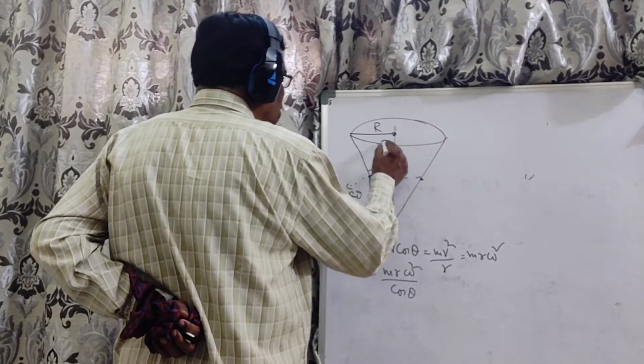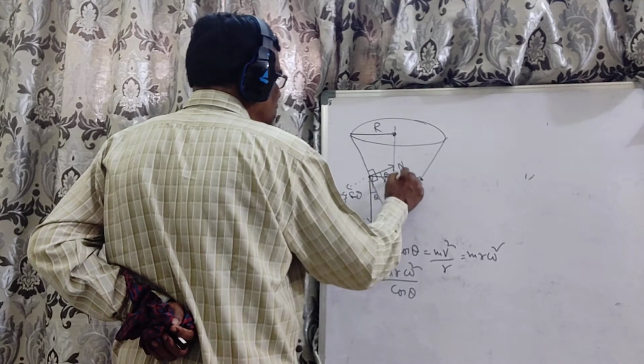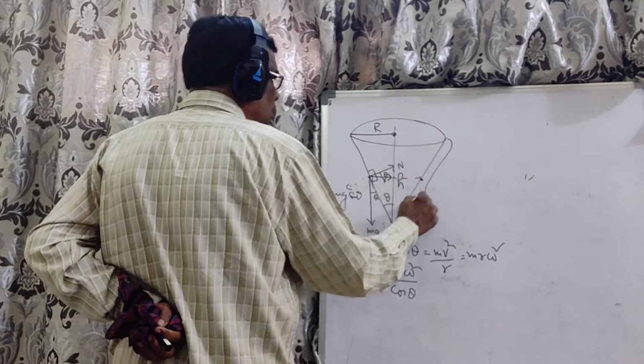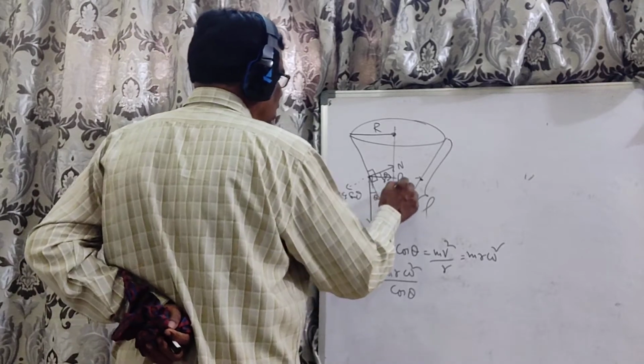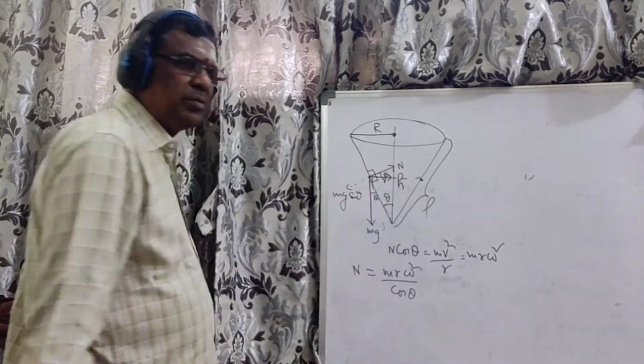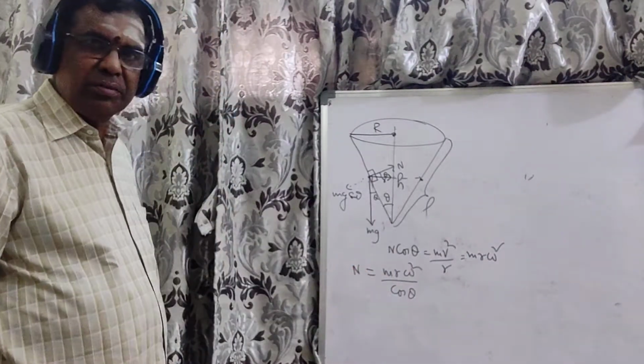Now you can very clearly see, if I give this as H and this as L, cos theta is H by L. You can write it in that fashion.